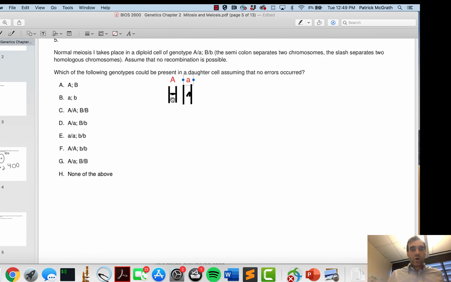So in this case, the chromosome is named big A, and this homologous chromosome is named little a. And then we would have something similar going on with the other chromosomes with a big B, little b.